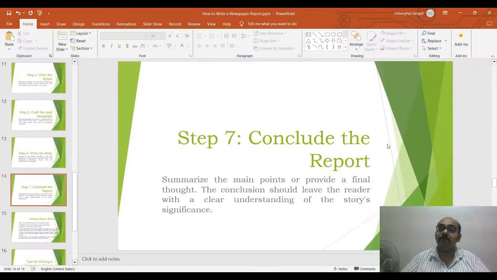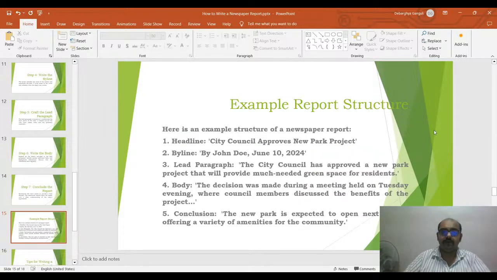News is about objective reporting, views is your subjective thing. Nobody is asking for your opinion on it, but we are looking for a logical analysis of the objective event that we are all expecting. So conclude the report. Most students forget to conclude the report.